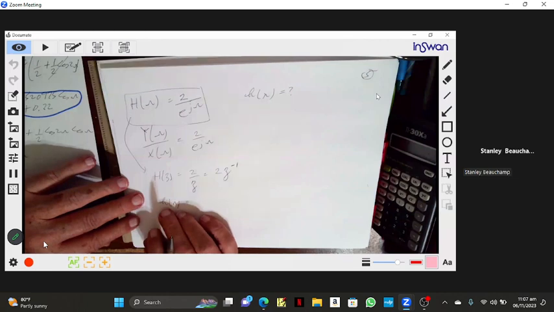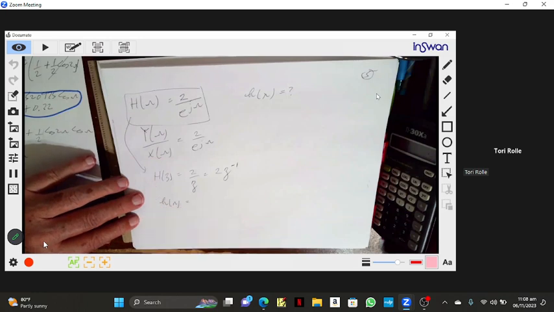So would it be 2x open bracket n minus 1? What are you trying to take the inverse of? I don't see any x in this equation. Where did you get an x from?